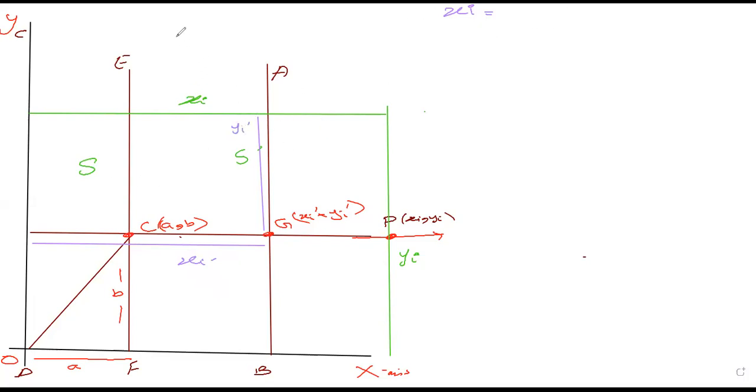From the figure, we can see that the xi distance is the summation of xi dash and a, whereas yi is the sum of yi dash and b. So we can write xi equals xi dash plus a, and yi equals yi dash plus b.